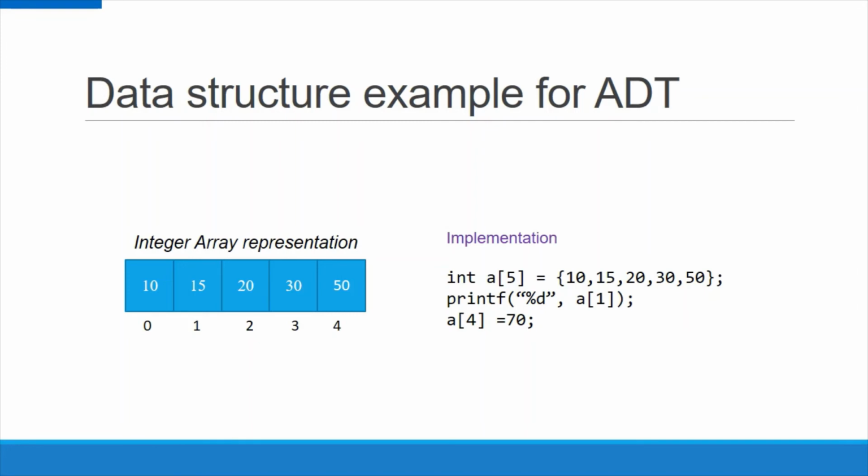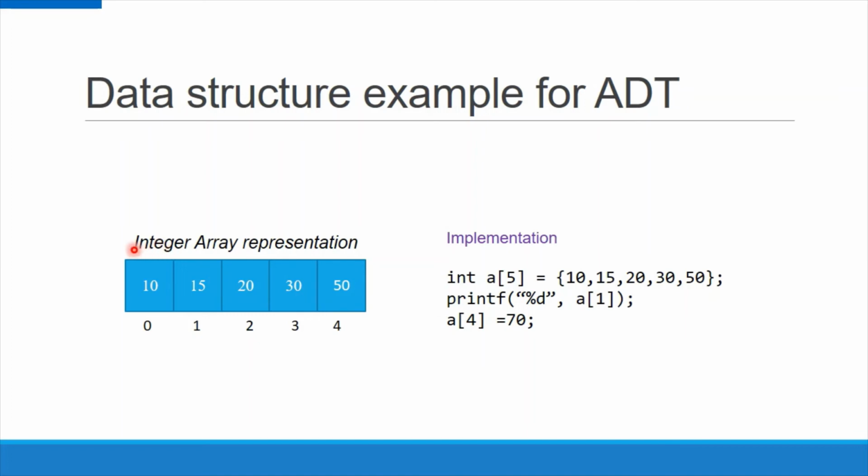Now we'll see an implementation of list operations, and I have used C language for implementing these array operations. This list will perform two things: one is displaying an element and another is updating a value.